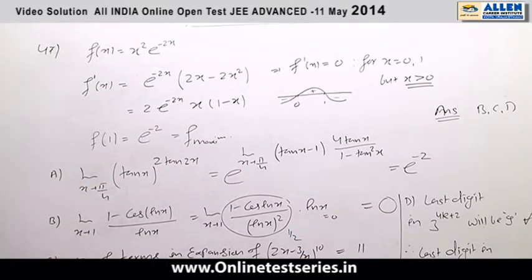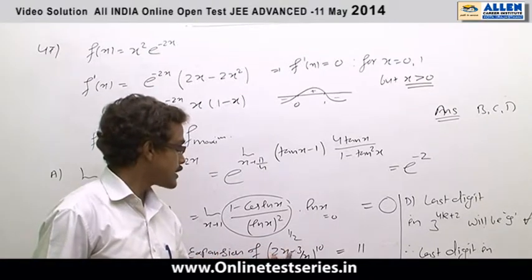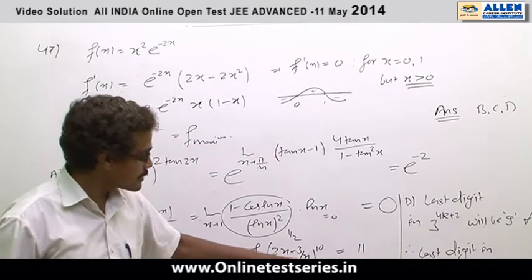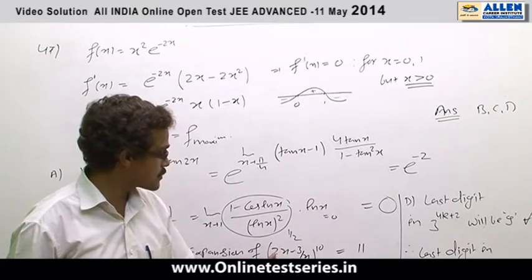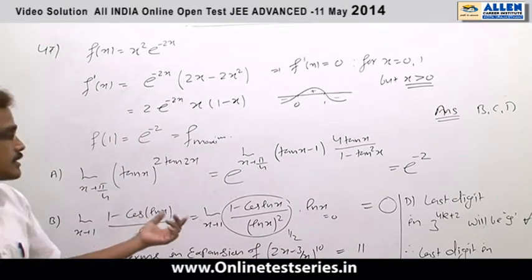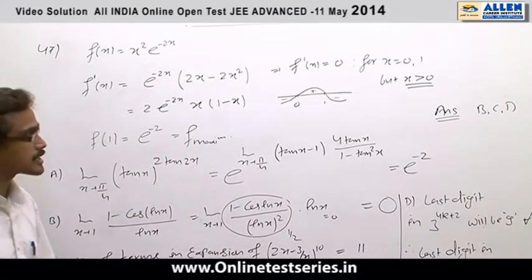And option C, number of middle terms. In the expansion of (2x - 3/x)^10, we know that the number of terms in the binomial expansion will be n + 1. So the number of terms in this expansion is 11, and this is an odd number, so there is a unique middle term in this expansion.